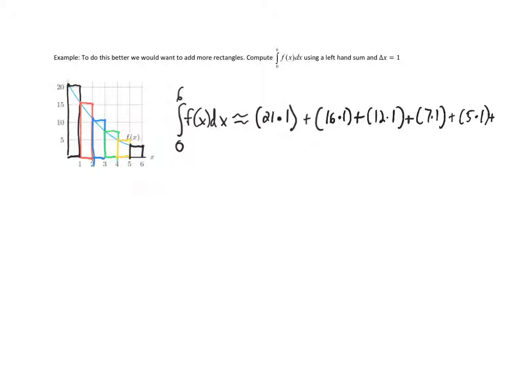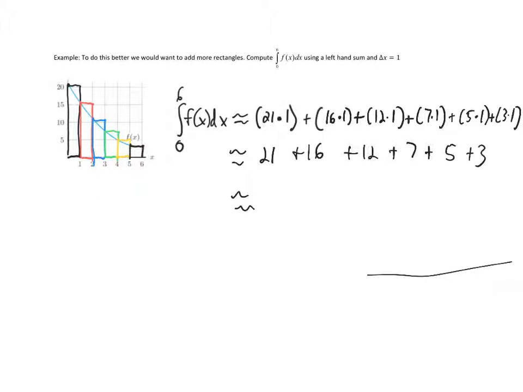And lastly, the black rectangle has a height of about 3 times 1. So 21 plus 16 plus 12 plus 7 plus 5 plus 3. I would approximate that to an area of about 64. Notice how that is actually between our two previous answers when we did this in the previous slide.